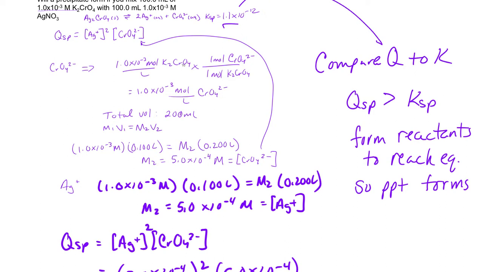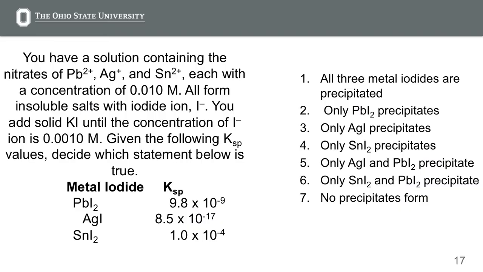All right. Let's do another slightly different but similar problem. I think this might have been from a practice exam. So you have a solution that contains the nitrates of lead ion, silver ion, and tin, each with a concentration of 0.01 moles per liter. And all of these form insoluble salts with the iodide ion.